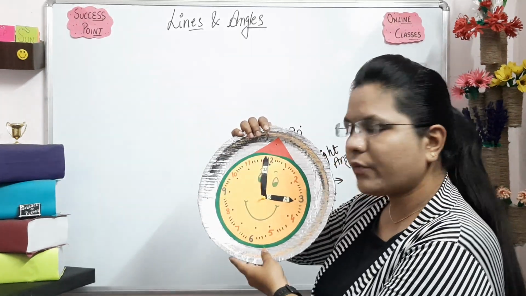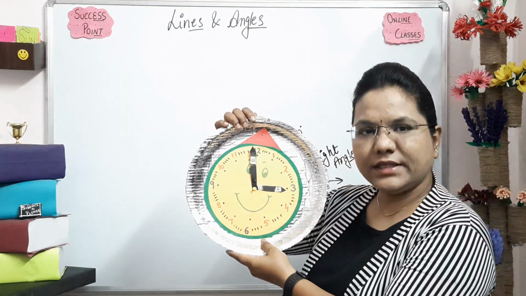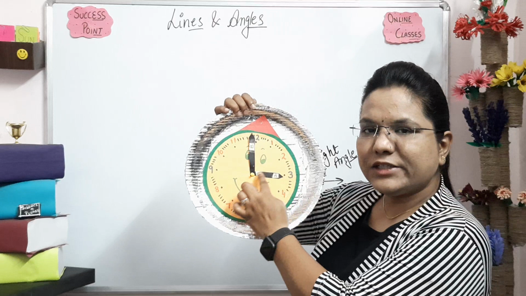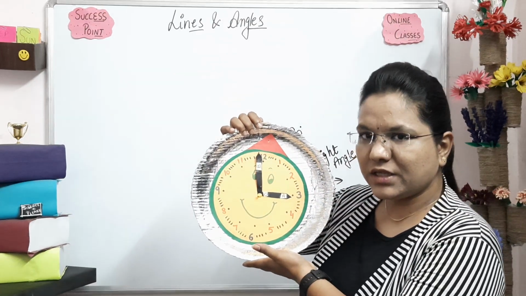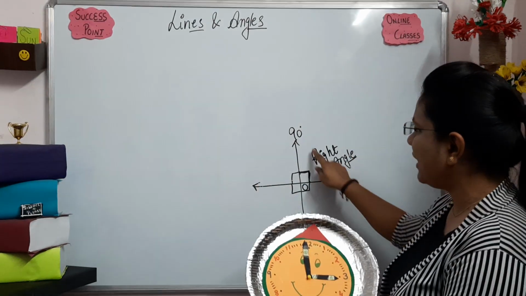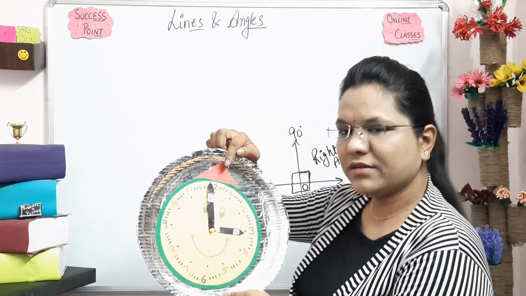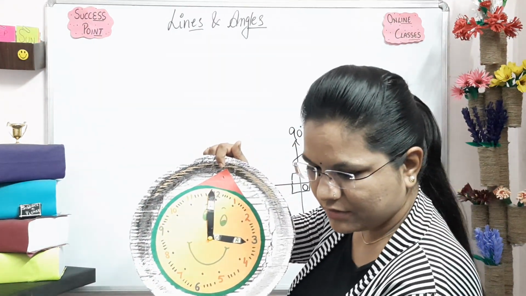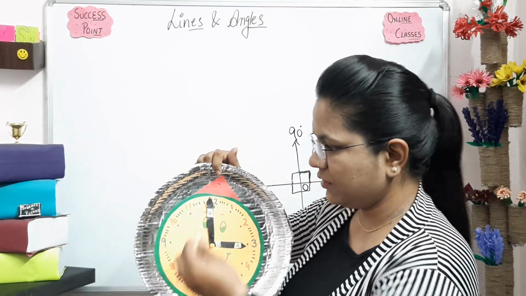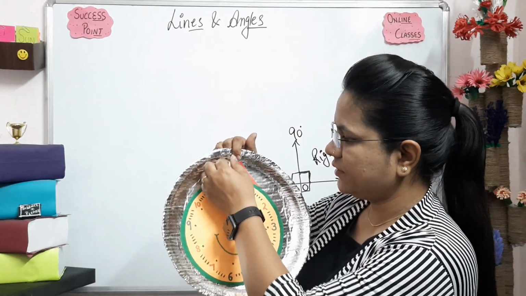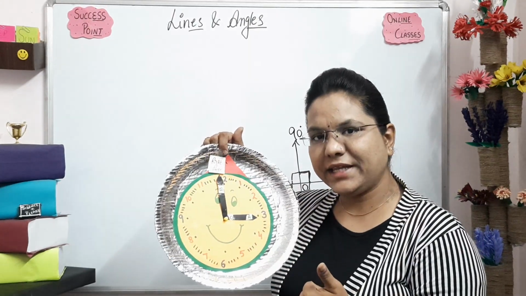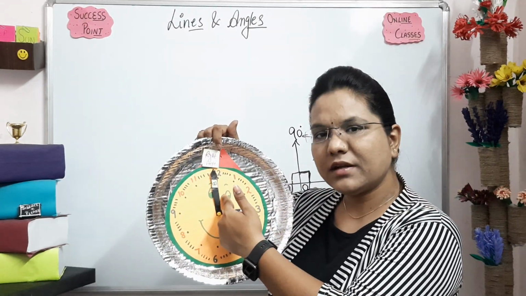If we check it properly, as you can see, both these rays are perpendicular to each other, and like perpendicular lines it will also form which angle? It will form a right angle. So which angle is it? It is a right angle. When it forms 90 degrees, it is called a right angle.